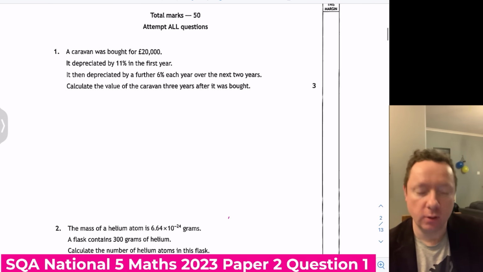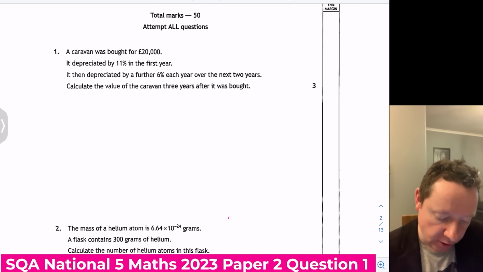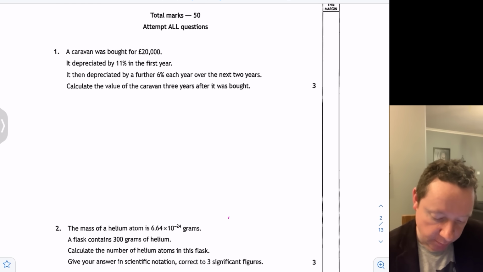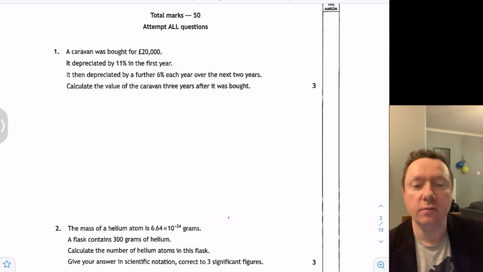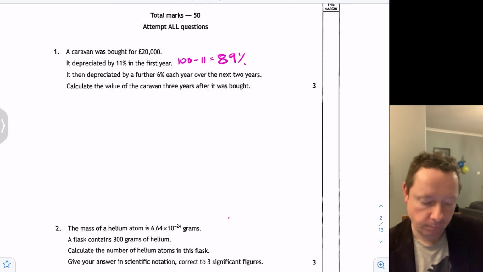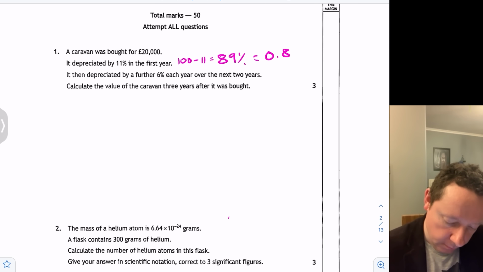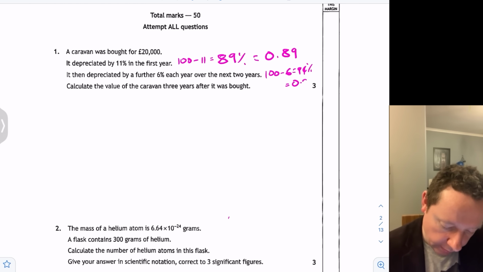SQA National 5 Maths 2023 Paper 2 Question 1. A caravan was bought for £20,000, depreciated by 11%, then depreciated by 6% for the next 2 years. What's it worth after 3 years? So if it went down by 11%, 100 minus 11 is 89%, which is 0.89, and 100 minus 6 is 94%, which is 0.94.